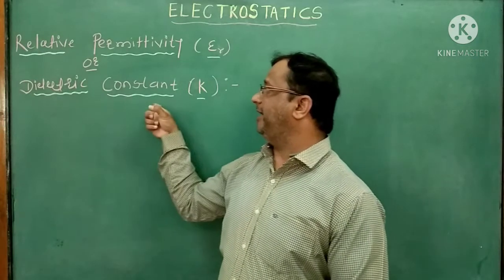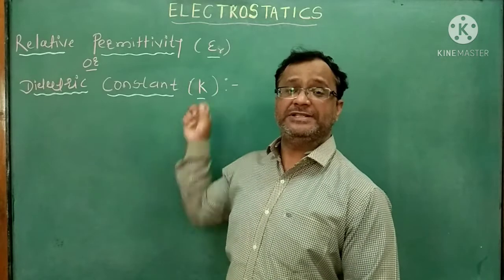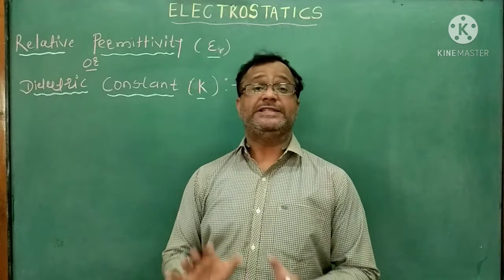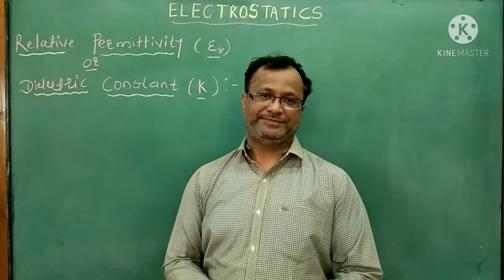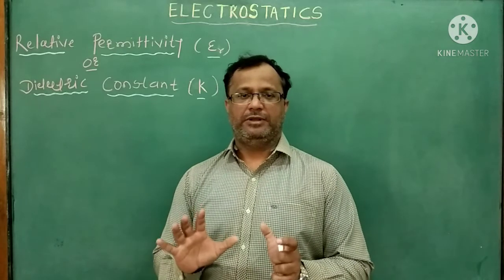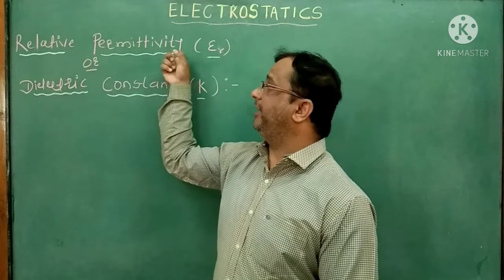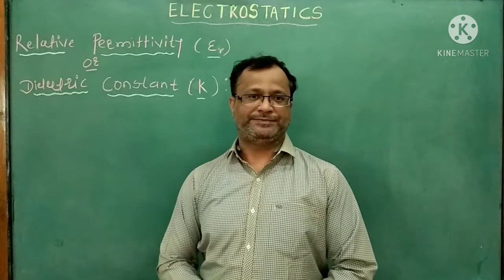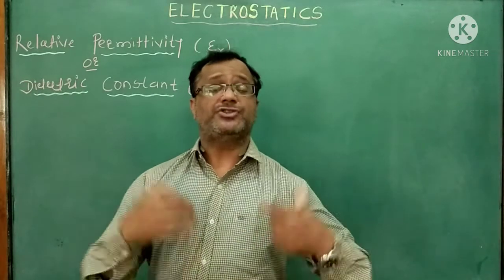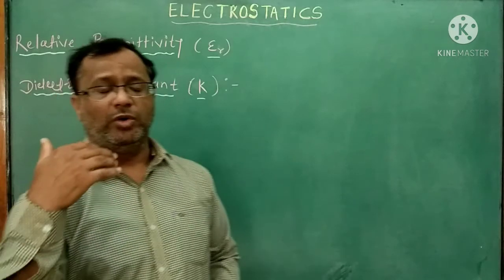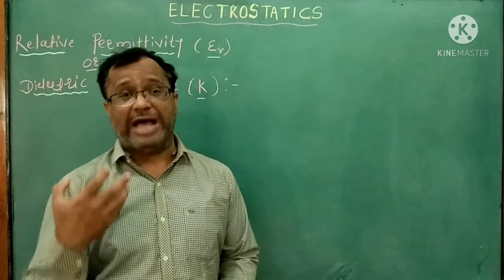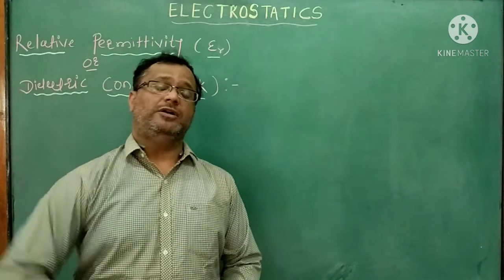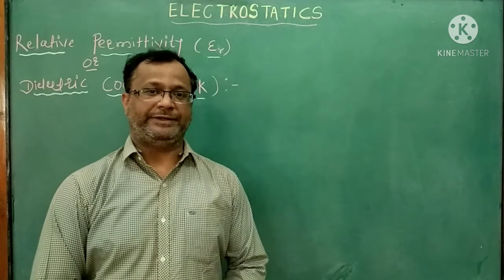And the dielectric constant is represented simply by the letter K. But the meaning of relative permittivity and dielectric constant is the same. So first, we want to define the dielectric constant or relative permittivity.